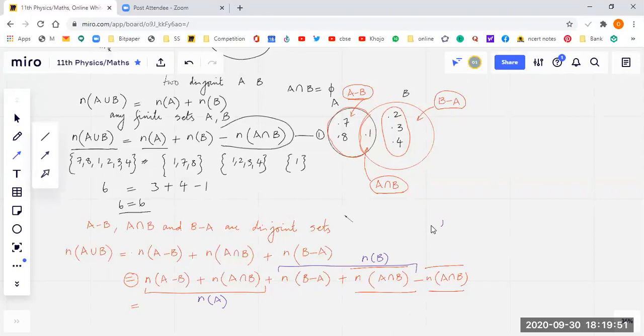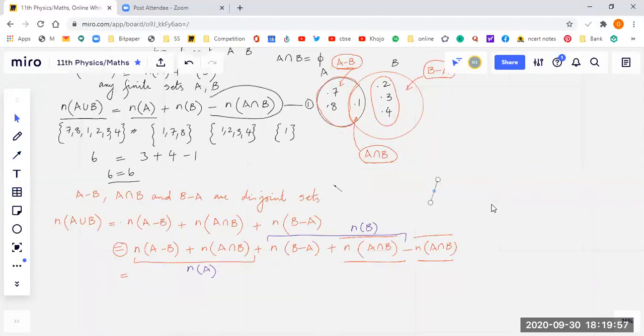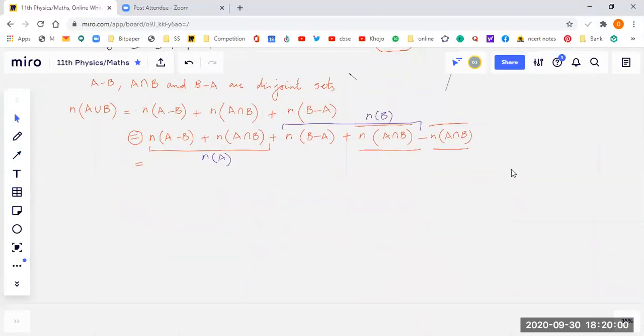Okay. Write it again. Yes. So I can write it. The number of elements in A union B is equal to the number of elements in A, which I have shown you, plus the number of elements in B minus the number of elements in A intersection B. Very right.